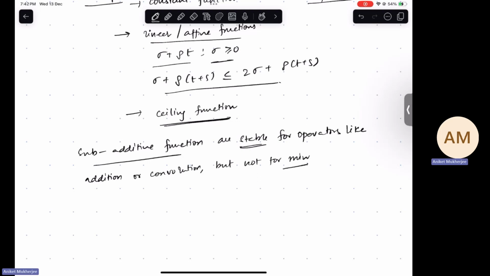What I mean by stable for operators is that if you perform addition or convolution over two subadditive functions, then the resulting function will also be subadditive. But if you perform pointwise minimum over two subadditive functions, the resulting function need not be subadditive, right?